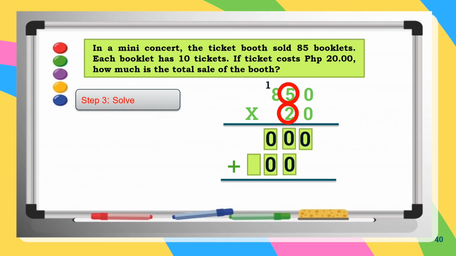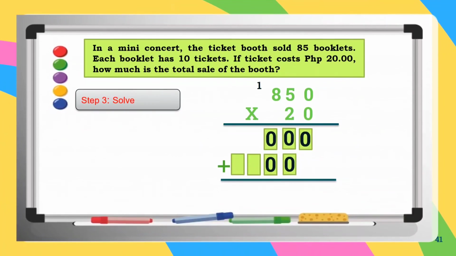Carry 1 to 8. 2 times 8 is equal to 16. Plus 1 is equal to 17. Let's bring down 0, 0, 0, 17.